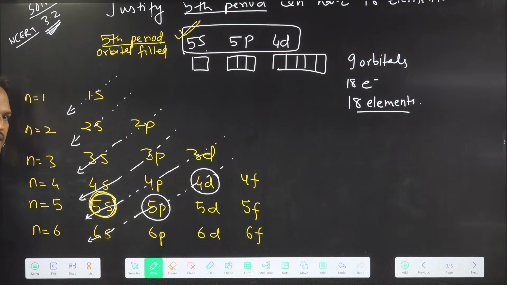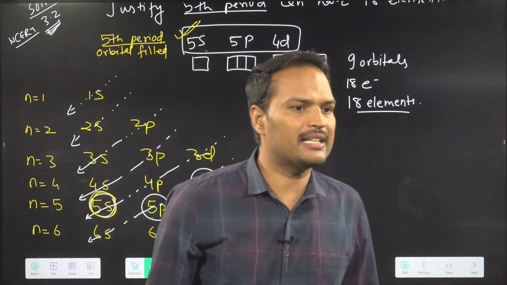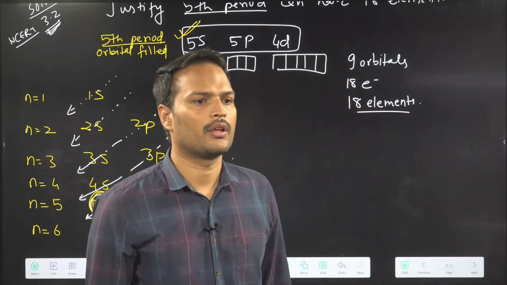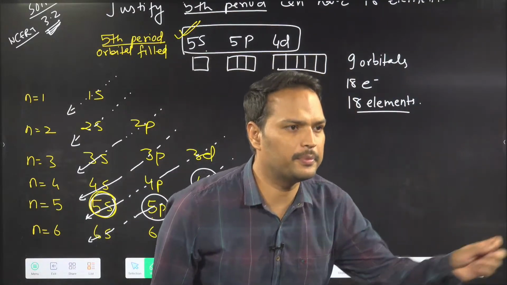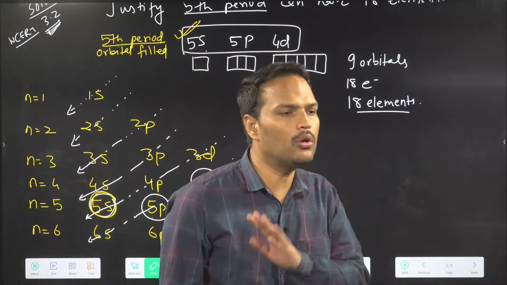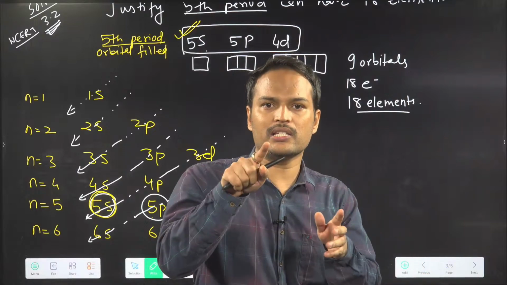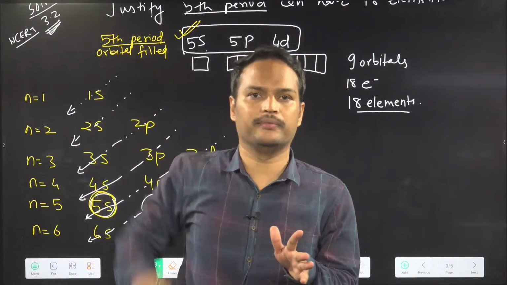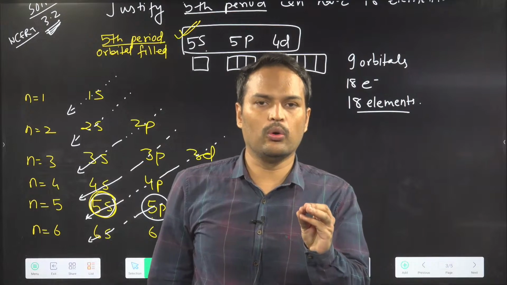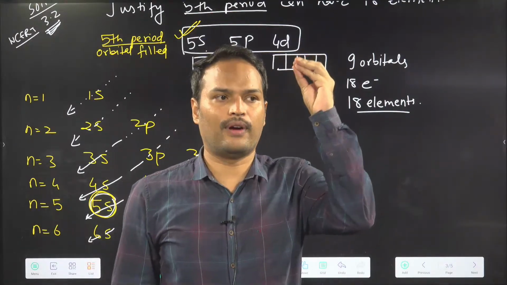Can we fill 6s in the fifth period? No. When we write 6s, it means you have reached the sixth period. So you will only write 5s, 4d, 5p.